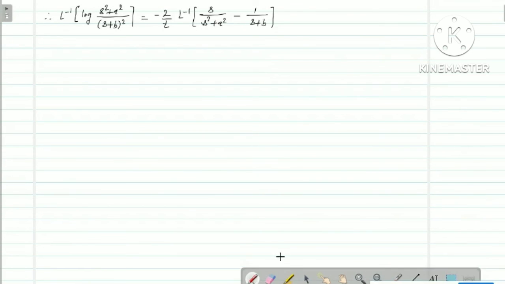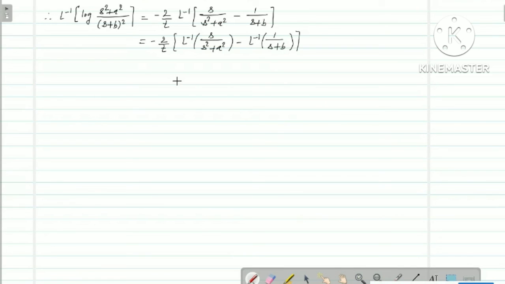Now just apply the inverse Laplace transform inside the bracket. So this is 2 by t, big bracket, L inverse of s upon s square plus a square, this is the first term, minus L inverse of 1 upon s plus b.